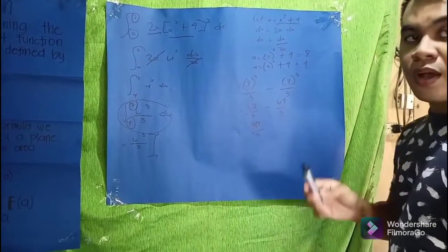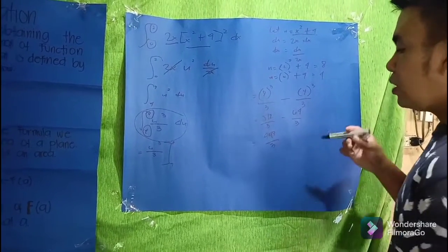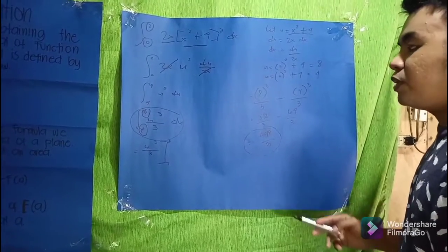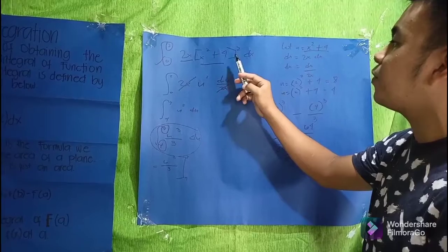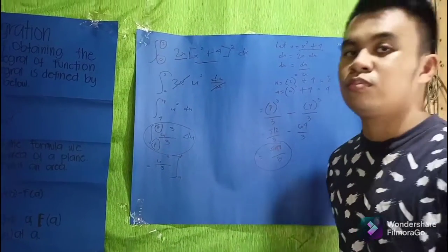Now that you can't divide 448 by 3, this will serve as your final answer. 448 over 3 is the answer of the integral of 2x times x squared plus 4 raised to the second power from the limit of 0 to 2.